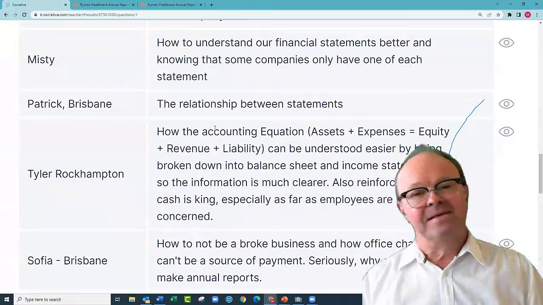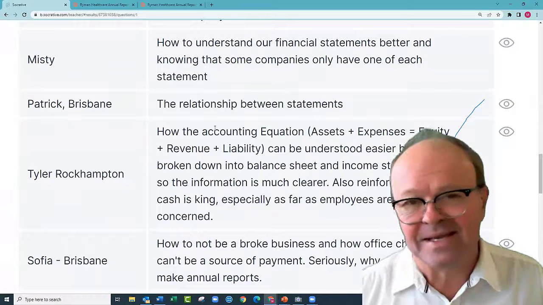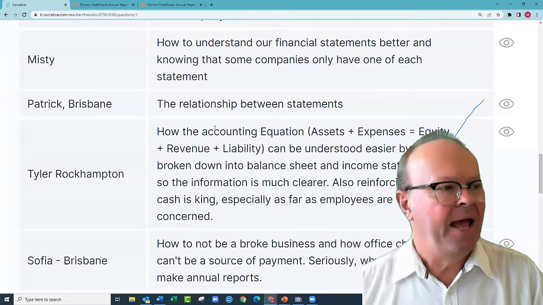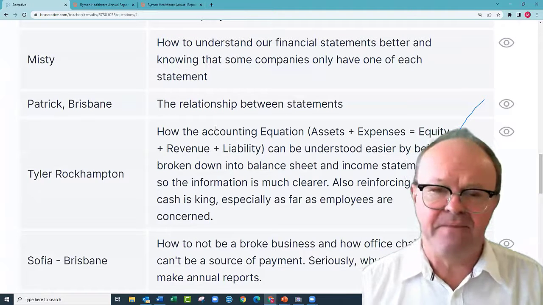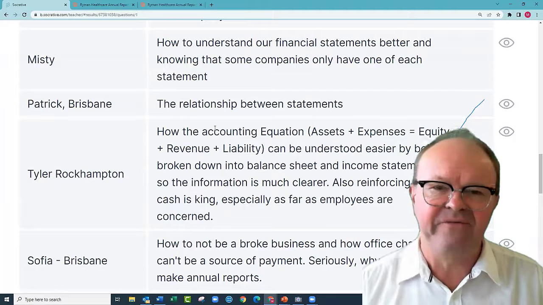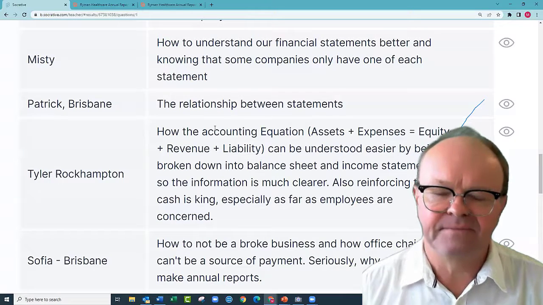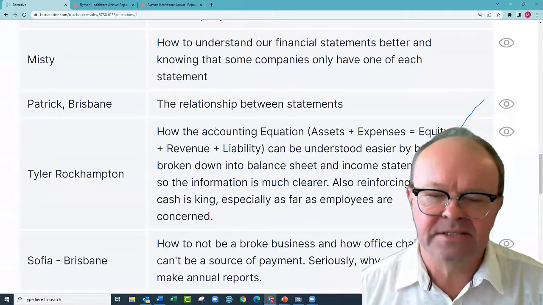Misty, how to understand our financial statements better, and knowing that some companies only have one of each statement. Yeah, so there are no standard terms and formats, and there's quite a bit of choice. There are 4 financial statements: income statement, balance sheet, statement of changes in equity, and cash flow statement.